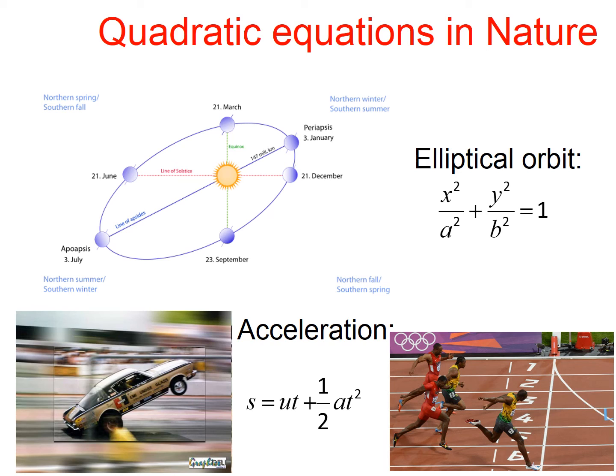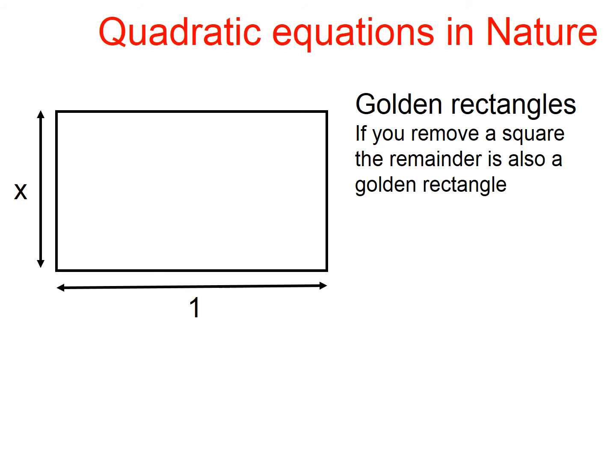That's another thing that moves. Just some more examples of where these kind of equations pop up in nature. So this is the set of equations that describes A4 paper, or the A series of paper.